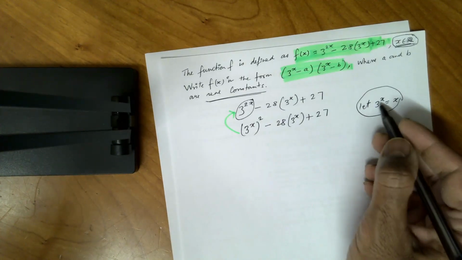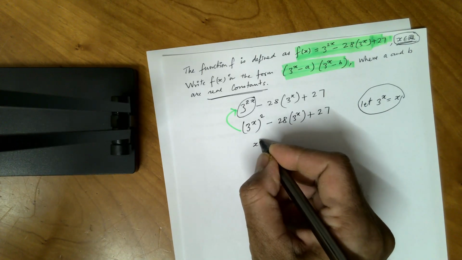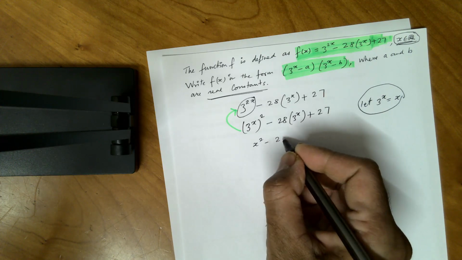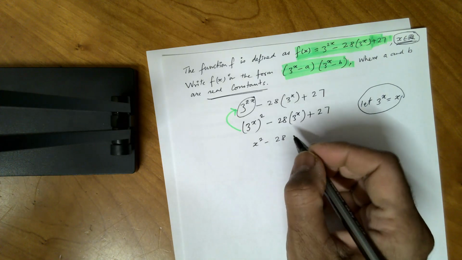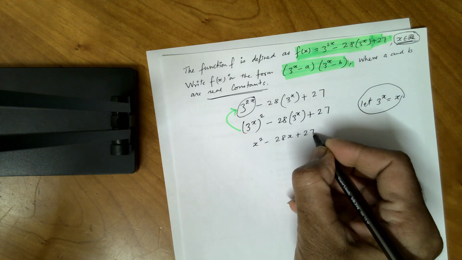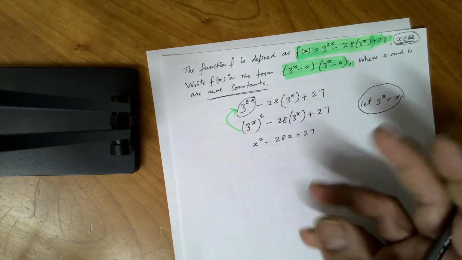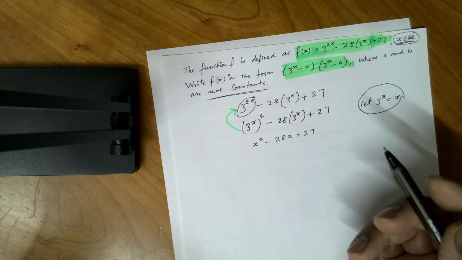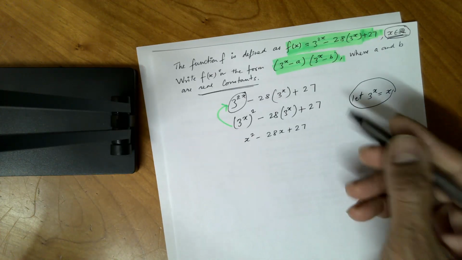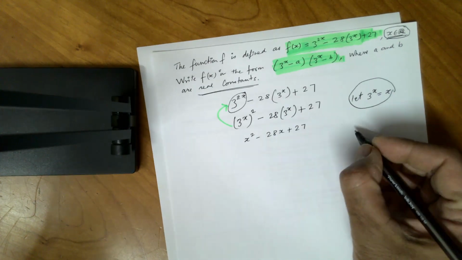So if you do this, this can be written as x squared minus 28x plus 27. Now this is pretty simple for you to solve. So factorize this.